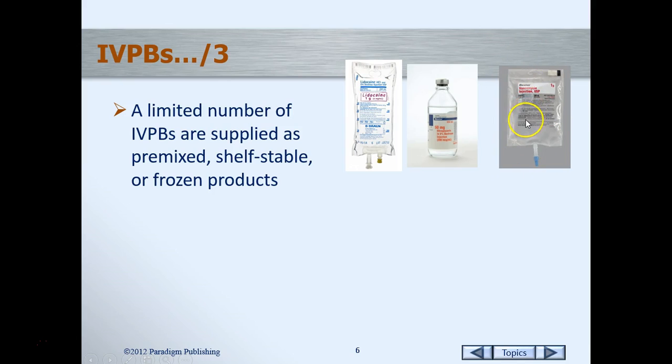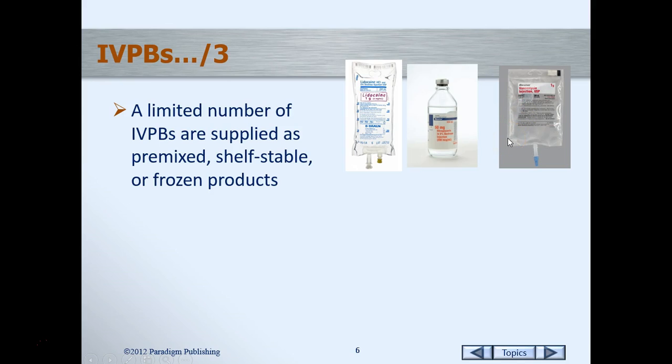Once removed from the freezer, it's brought out to what we usually call a defrosting table, where it is allowed to melt down, and then once all of the ice has melted out, it's dated and stored in a refrigerator. We don't ever want to let these frozen products come to full room temperature.